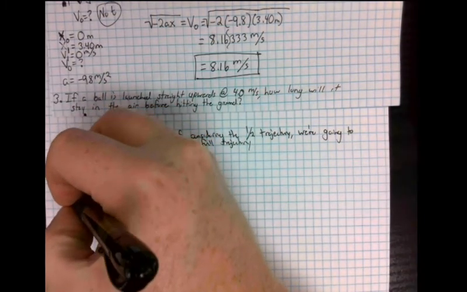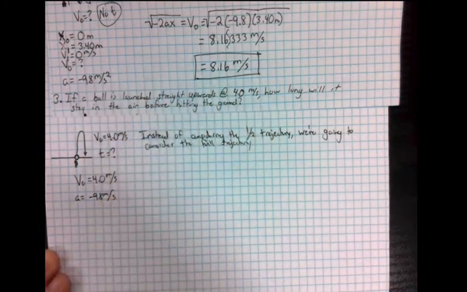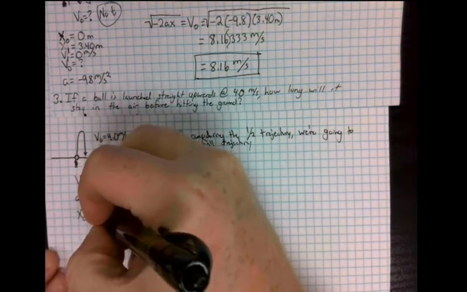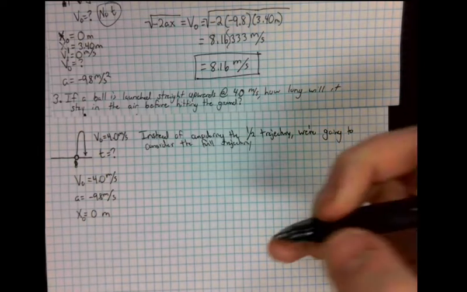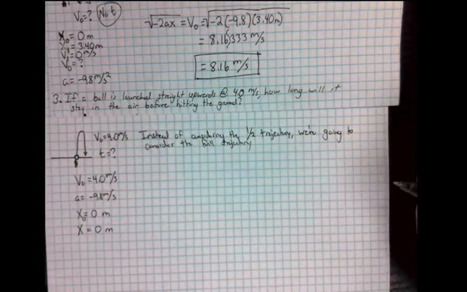We know our acceleration is negative 9.8 meters per second squared. We know our initial point is 0, but if we consider the entire trajectory, it will end up at the same point.